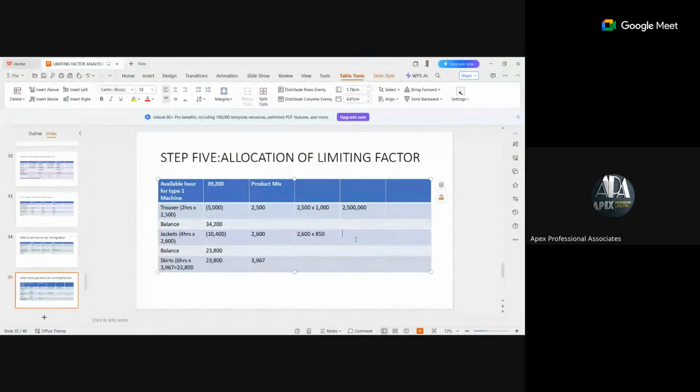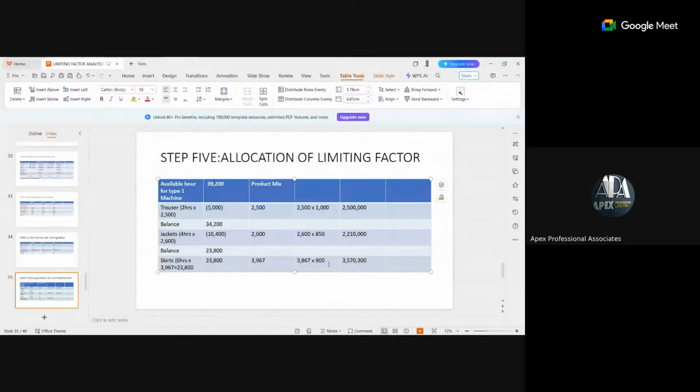You multiply, you have 2,210,000. Now, for skirts, you have 3,967 multiplied by the contribution of 900. So the result will be 3,570,300.